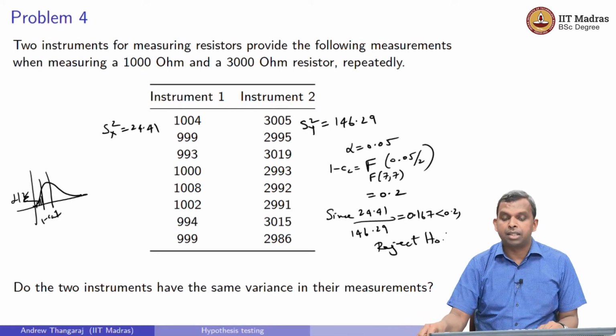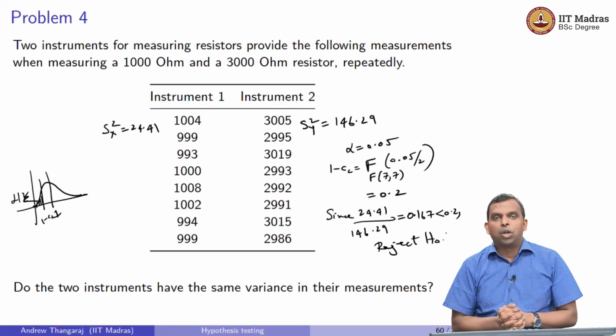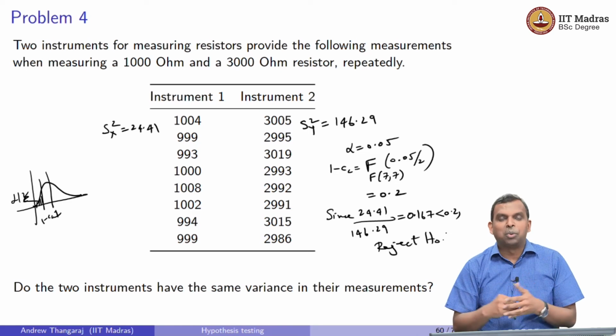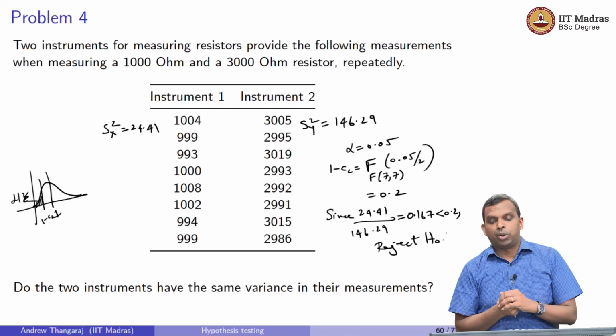It appears that they don't have the same variance at the 0.05 significance level, so you should probably go in and look at the instruments and correct which one of the two could be wrong. Generally the one that gives you the higher variance is probably wrong. You go in there and tweak it a little bit and make sure it's okay.